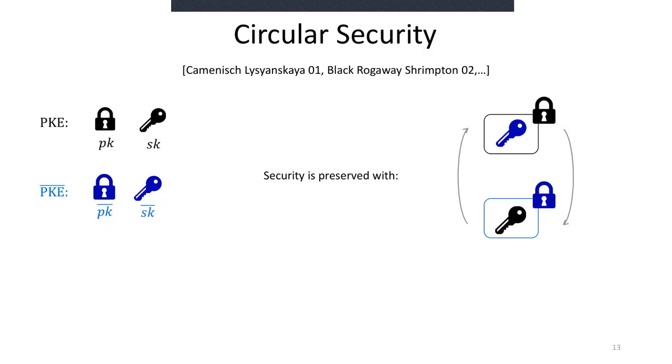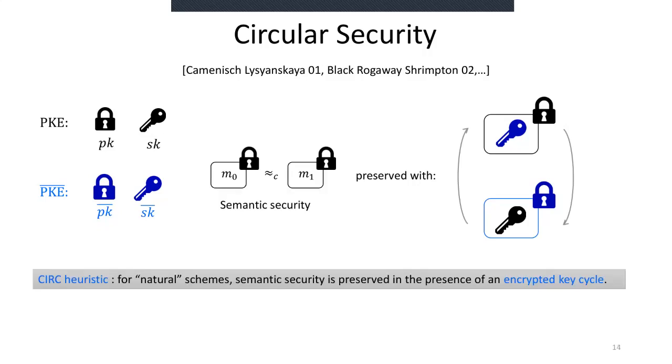Right. So for instance, you may be interested in semantic security. And then a natural heuristic would be to say, for any natural schemes, semantic security is preserved in the presence of an encrypted key cycle. I have to say natural schemes because we know there are some particular schemes which are believed to be secure, but they are not circularly secure.